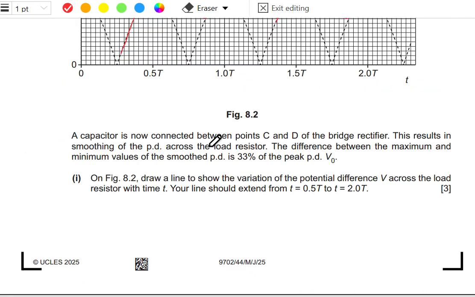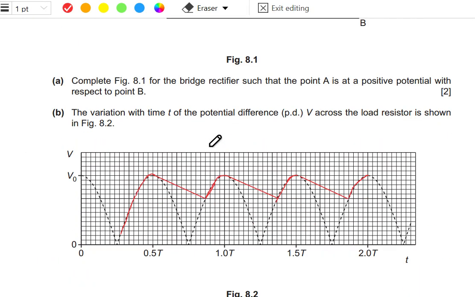Because at a time between 0.5T and 1T, the value changed from V naught to 2 over 3 V naught. Okay, so this is 1 over 3 V naught, this is 2 over 3 V naught, and as we have just discussed, the difference between max and min is just 1 over 3 V naught.